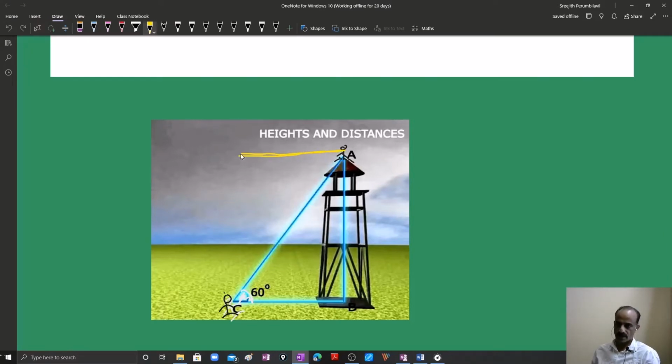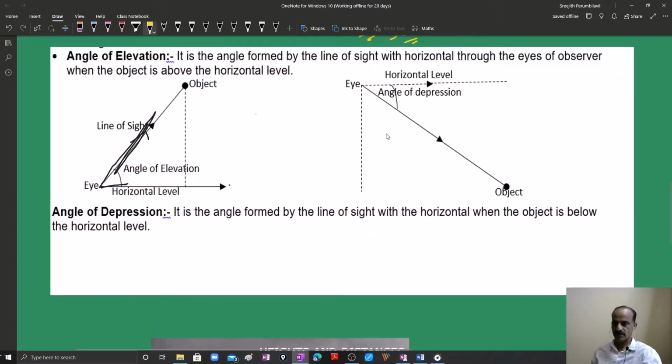The angle the eye makes with the horizontal while looking at an object below is known as angle of depression. This angle is known as angle of depression. The horizontal line, the object is below.